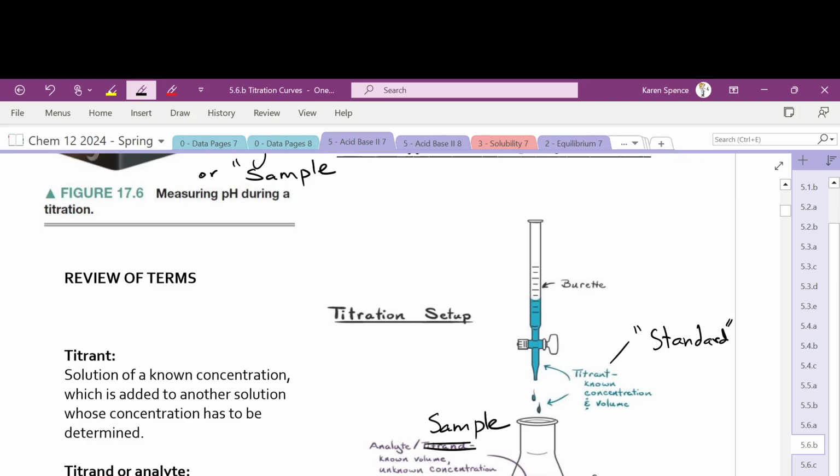We have a conical flask, also known as an... What do we call those flasks? Erlenmeyer. So nothing much new so far.